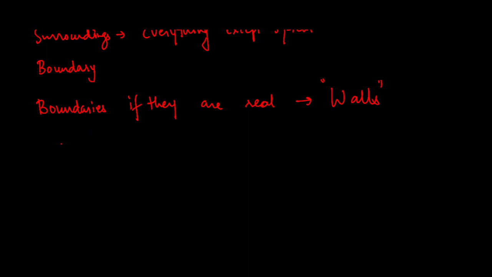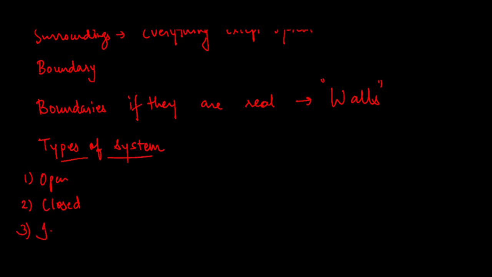Next, the next thing is types of system. Open system, closed system, and number 3, isolated system.